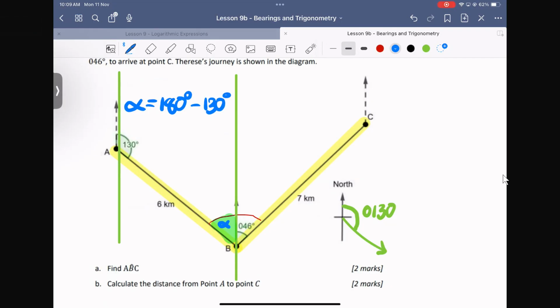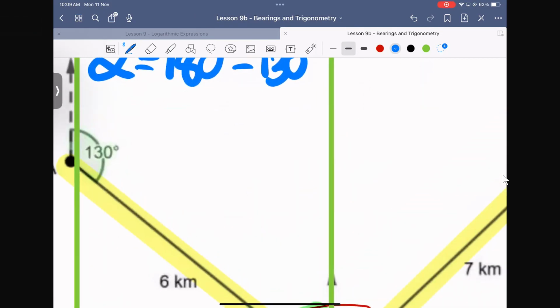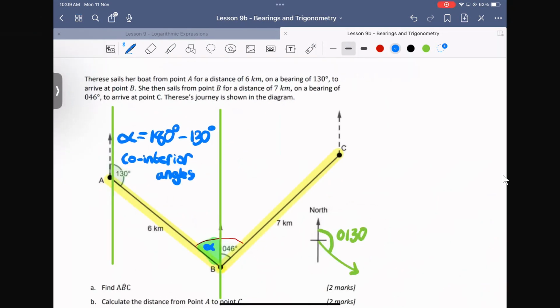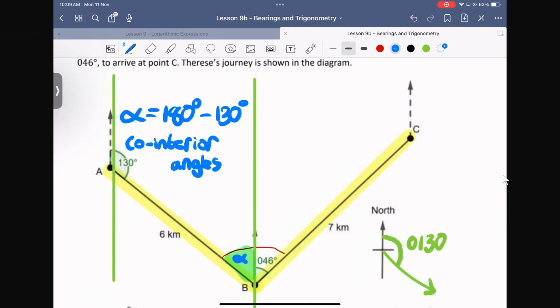No. Complementary angles? No. We're getting there. Can you put your words together? These are co-interior angles. These are co-interior angles, and the sum of co-interior angles is 180 degrees.